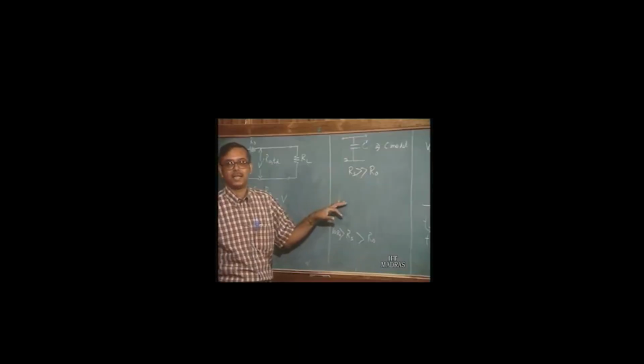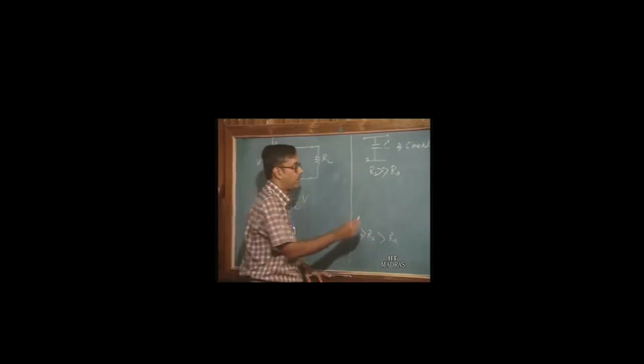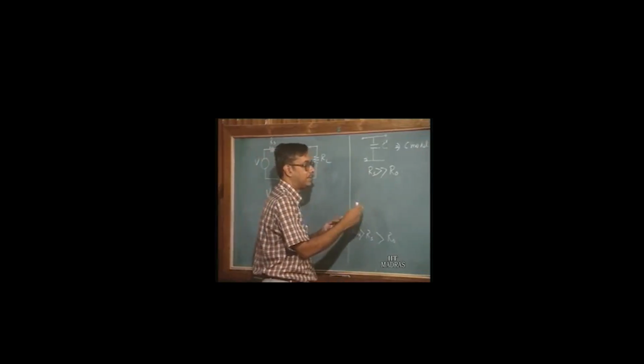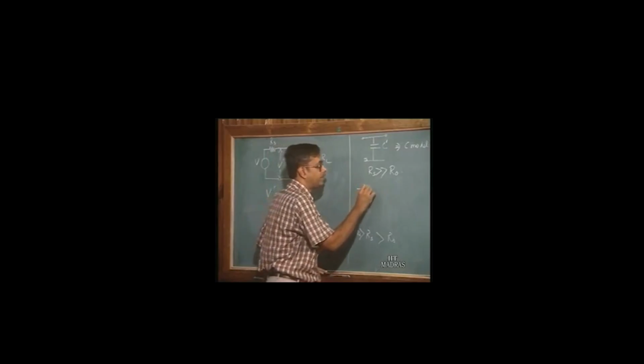Now, when Rs lies between 10 times R naught and R naught, then we cannot really neglect the resistance of the line also. Then we have a model, where the line can be replaced by its resistance and capacitance, RC. This is called the L model because of the shape of the model.